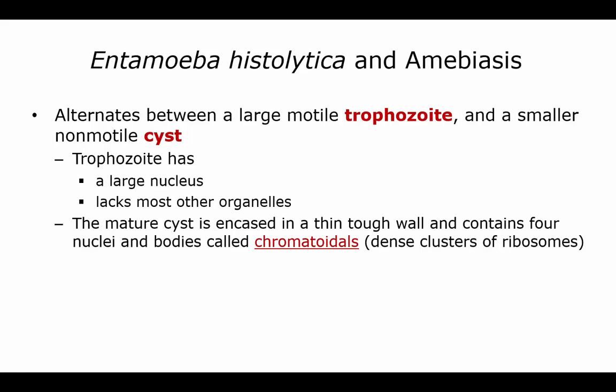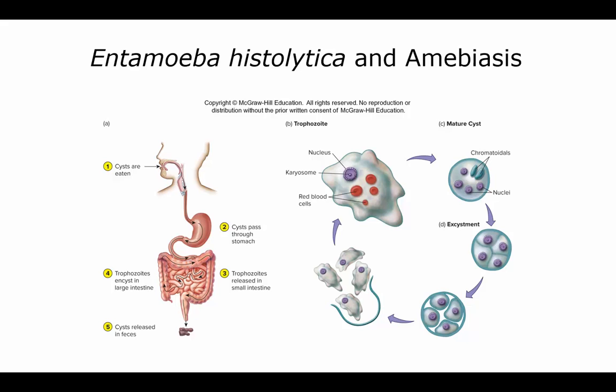The trophozoite has a very large nucleus like you see here, and it doesn't have many other organelles. And the mature cyst, like you see here, is going to have a very thin wall, and it's going to have 4 nuclei, and then it's going to have these bodies that are called chromatoidals, which are just dense clusters of ribosomes.